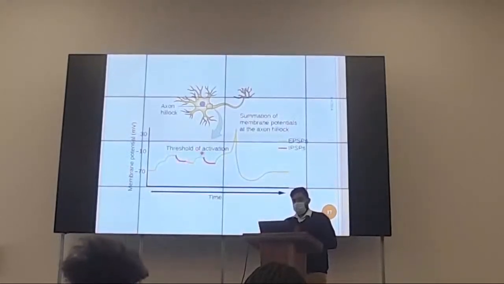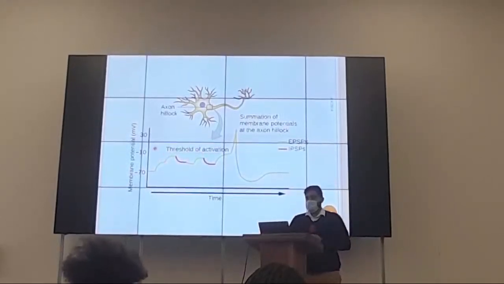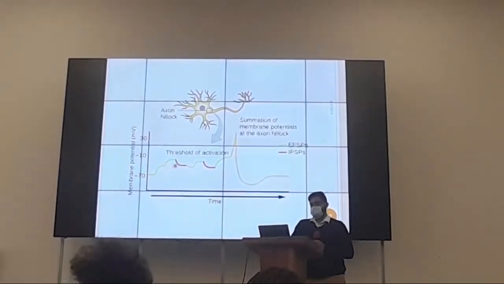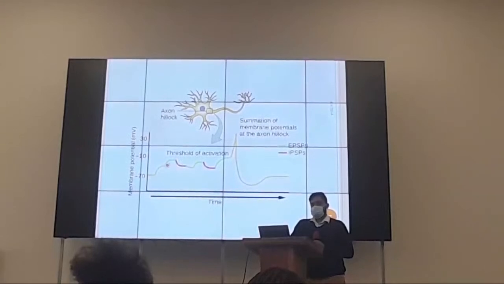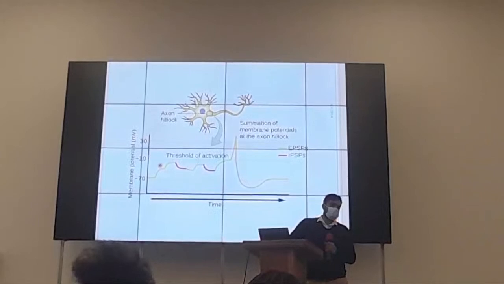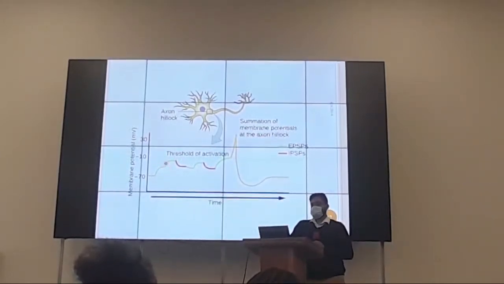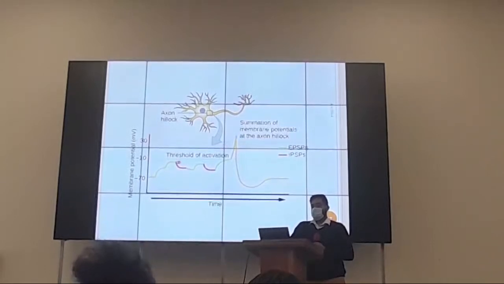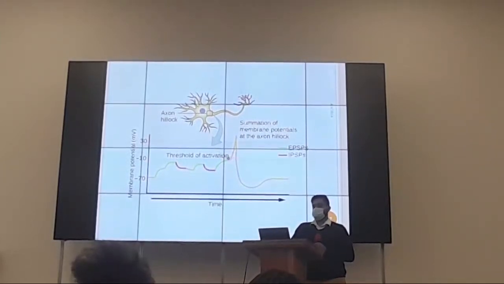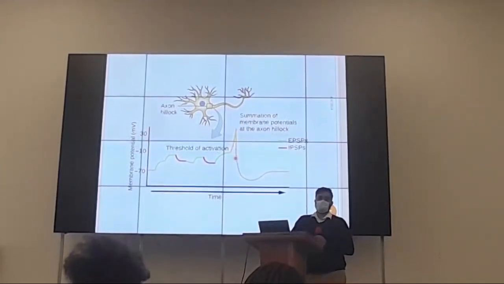Okay, again, we're talking about the same thing here. You can see this phase here, the green ones are the EPSPs, the red ones are the IPSPs. So you may have a situation where you have a number of presynaptic neurons working on a postsynaptic neuron. So this postsynaptic neuron will sum all of the EPSPs and IPSPs, and if this sum reaches the threshold, you will have the generation of an action potential.